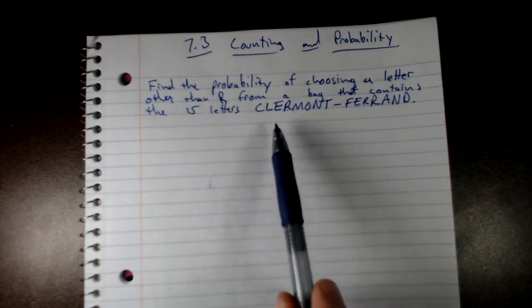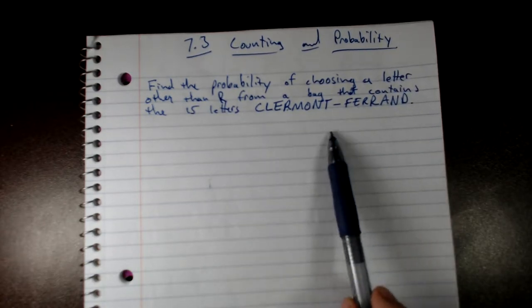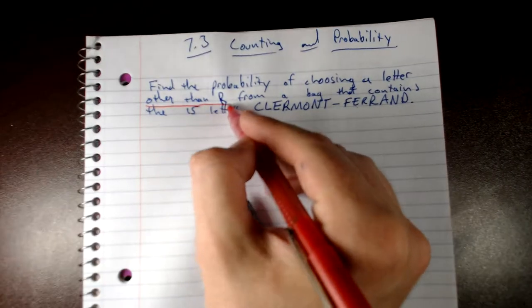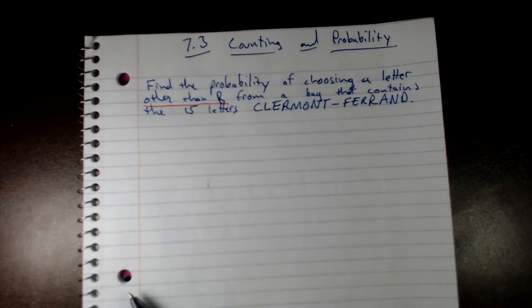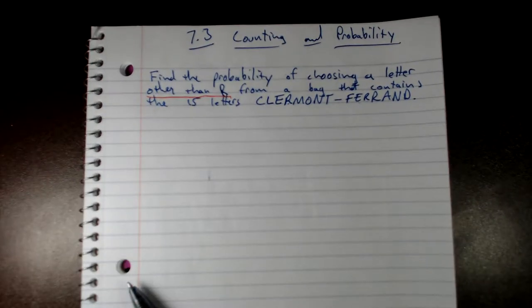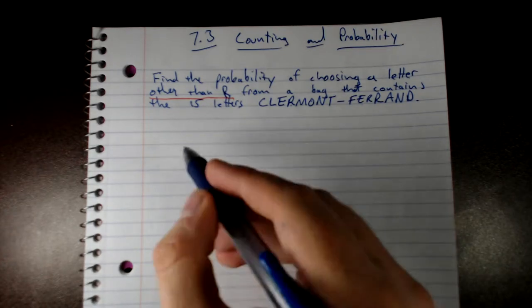We have 15 letters here in a bag, and we want to figure out the probability of choosing a letter other than R. We're not figuring out the probability of choosing an R, we're just trying to figure out the probability of something else.